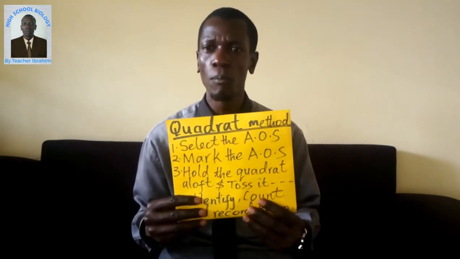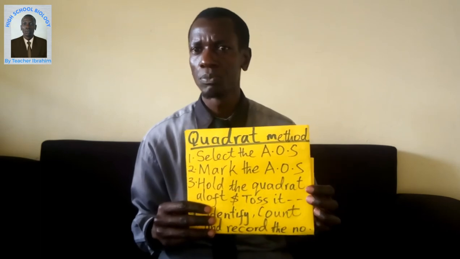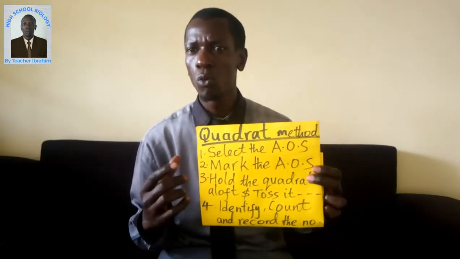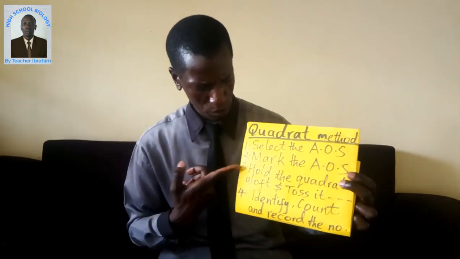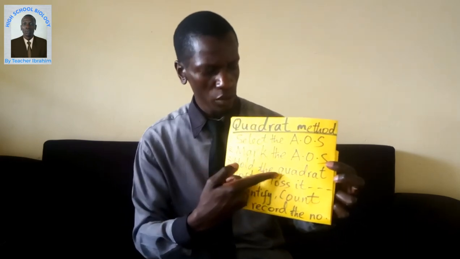When I use this acronym AOS, it stands for area of study. Then number three, you hold the quadrat aloft and you toss it into the area of study.